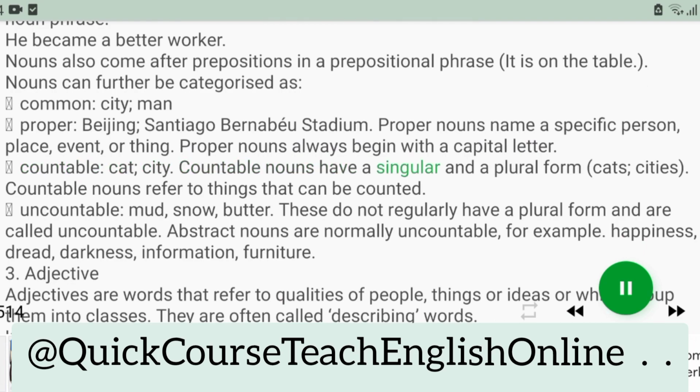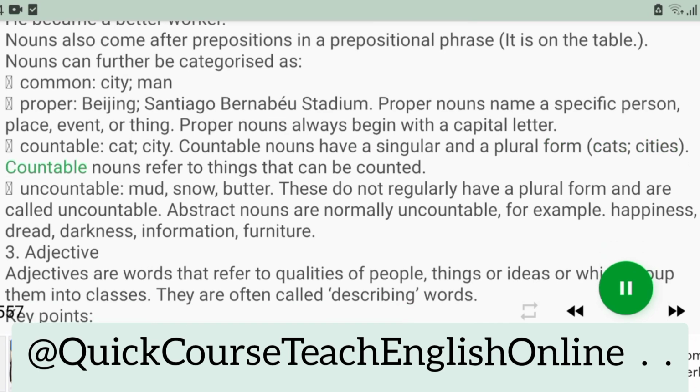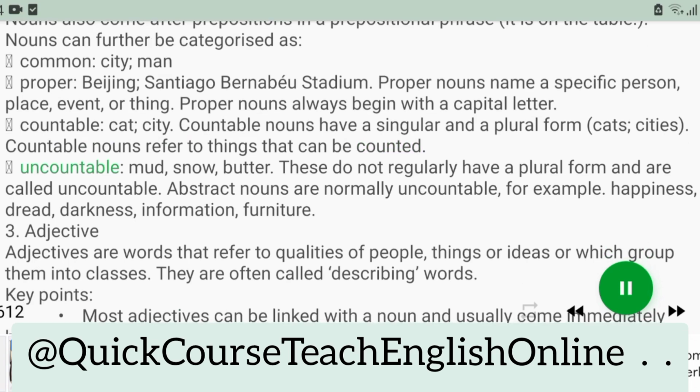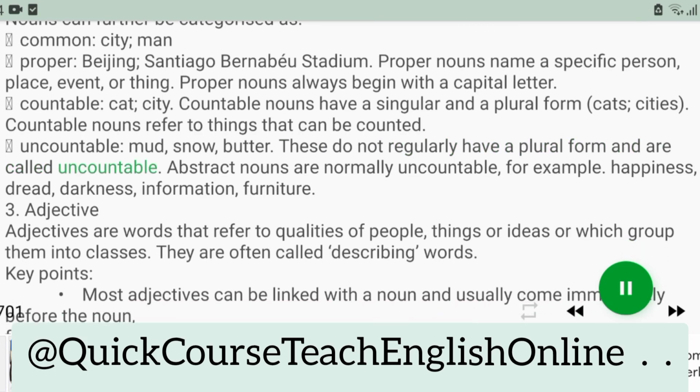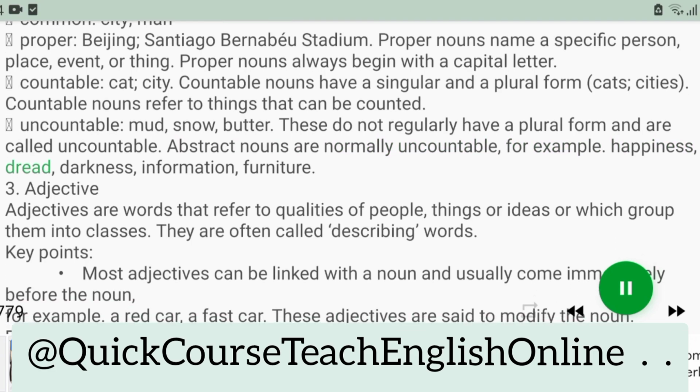Countable nouns have a singular and a plural form, cats, cities. Countable nouns refer to things that can be counted. Uncountable, mud, snow, butter. These do not regularly have a plural form and are called uncountable. Abstract nouns are normally uncountable, for example, happiness, dread, darkness, information, furniture.